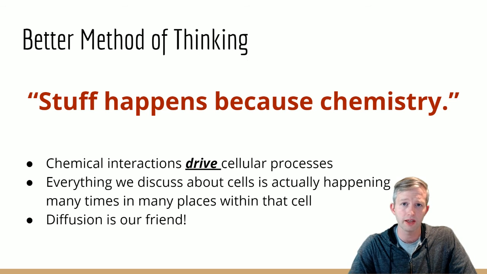Chemical interactions, chemical attractions, diffusion pushing things into different places, active transport creating circumstances where things get pumped and moved across membranes in a variety of ways. But at the end of the day, every single one of those things comes down to a chemical interaction and a chemical attraction, because stuff happens because of chemistry.